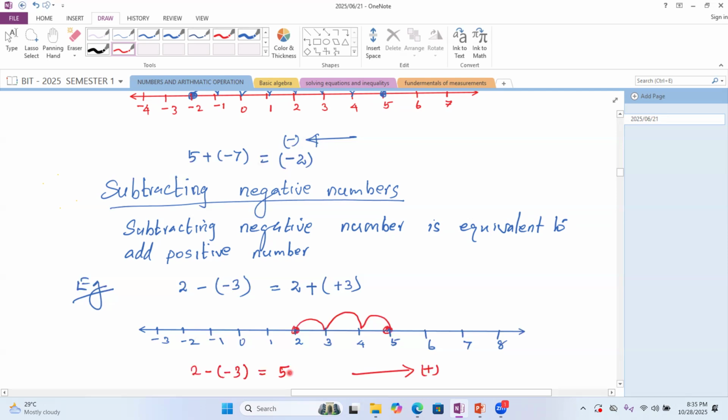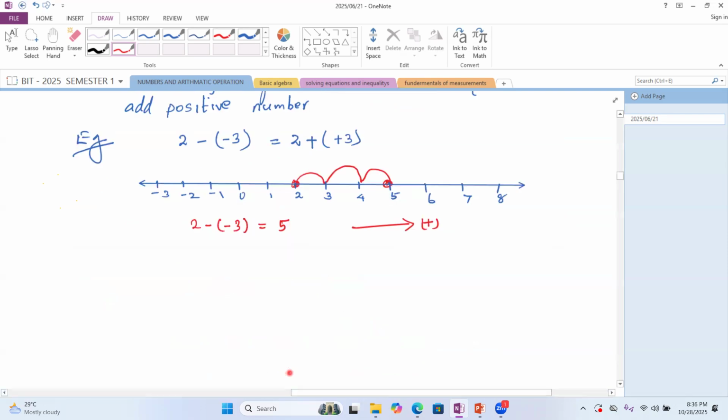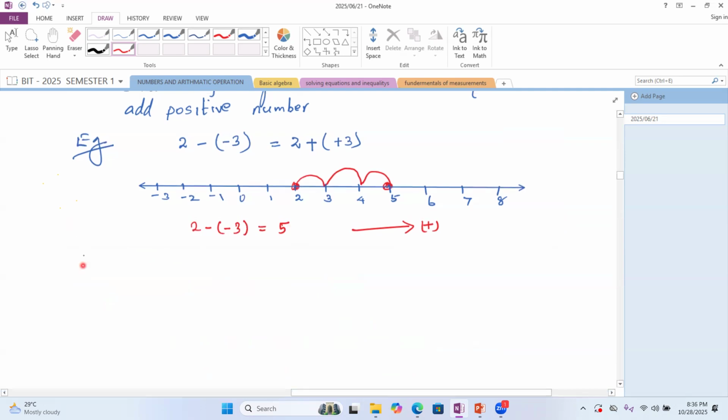And another example. -7 subtract -4. Subtracting a negative number is equivalent to adding a positive number.